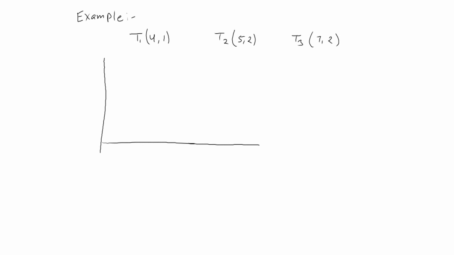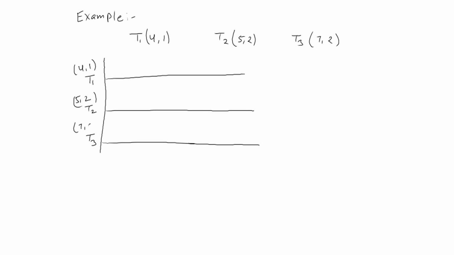So let's say that we have 3 tasks here. This is your T1, this is T2, and this is your T3. This has 4 and 1, this has 5 and 2, and the third one has 7 and 2, right?